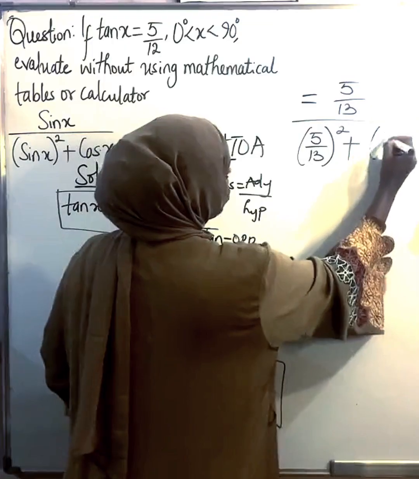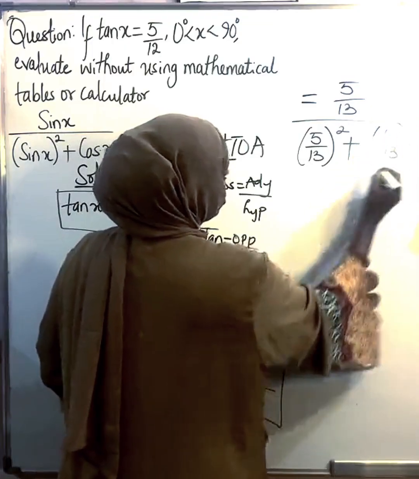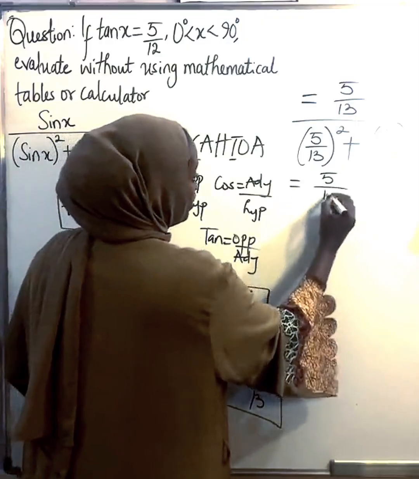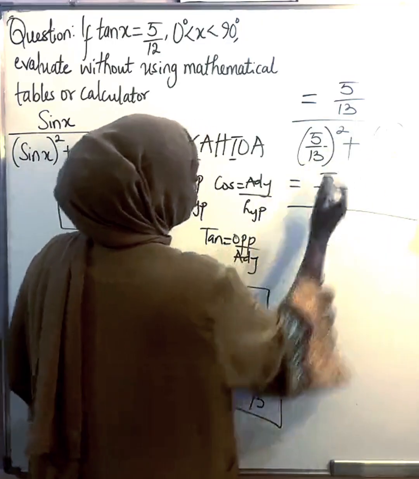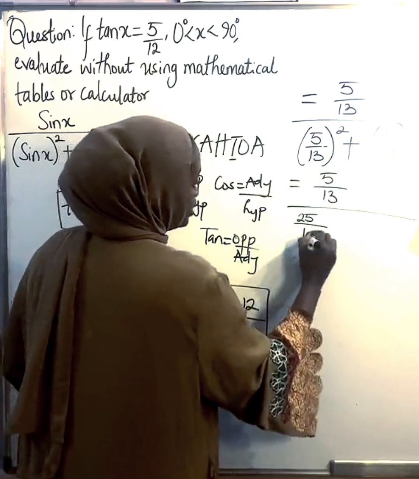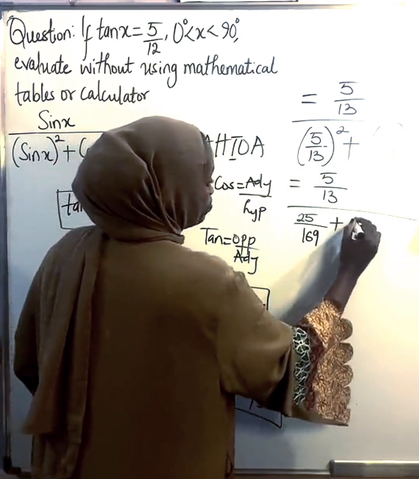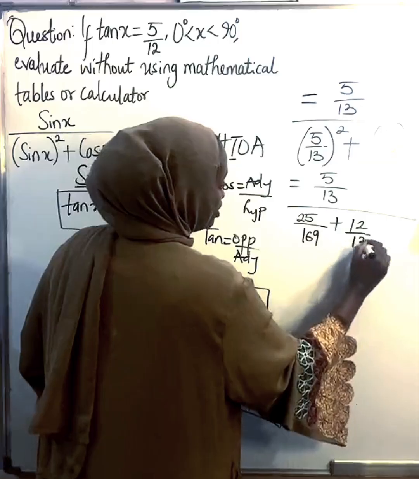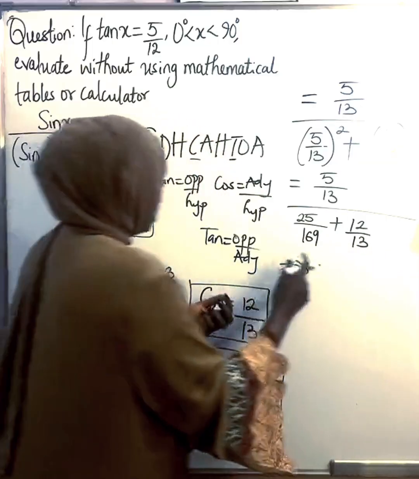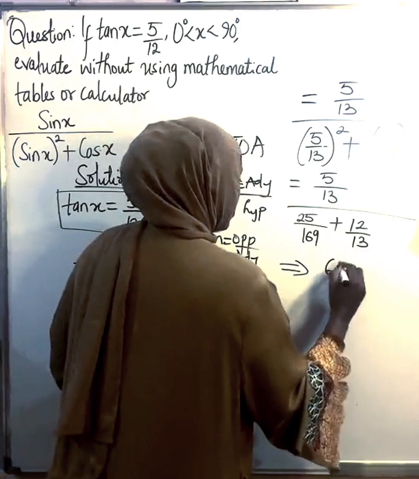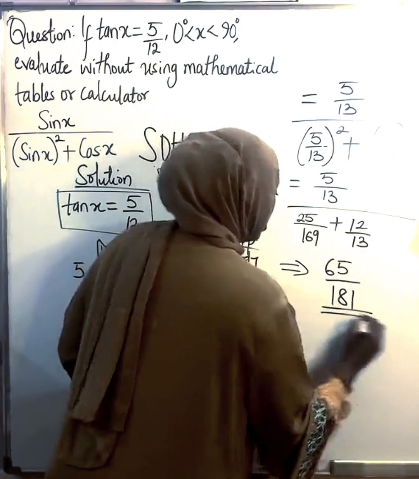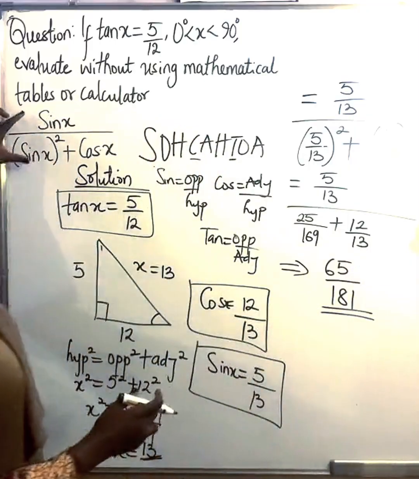Simplifying further, we have 5 over 13 all over 25 over 169, since 5 squared gives us 25 and 13 squared gives us 169, plus 12 over 13. Simplifying this gives the final answer of 65 over 181. So this is the final answer after evaluating this.